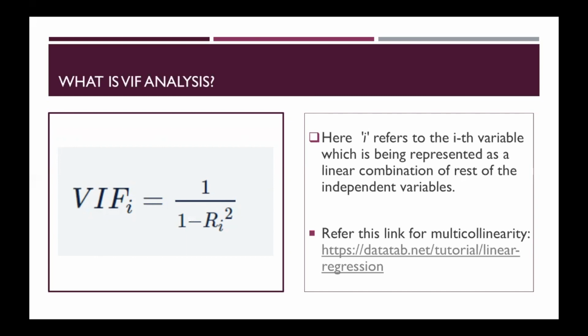This factor is used to know if there is any multicollinearity between the variables. So we will further probe into these things during our hands-on exercises also. So let us move ahead.